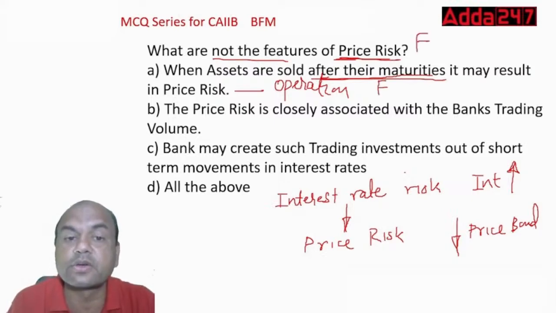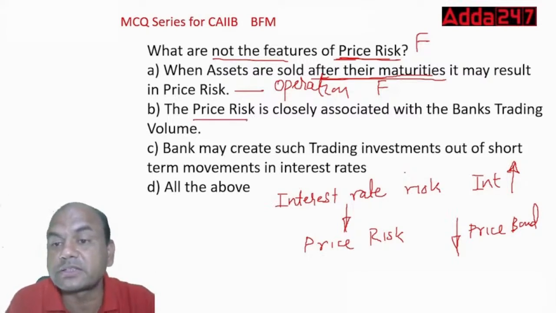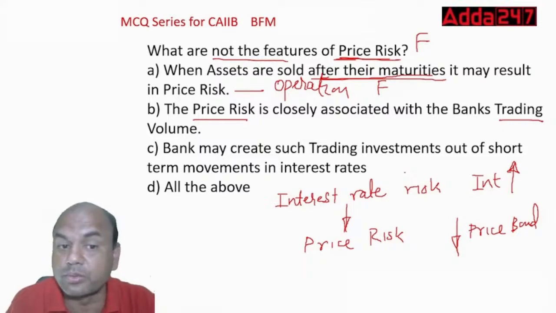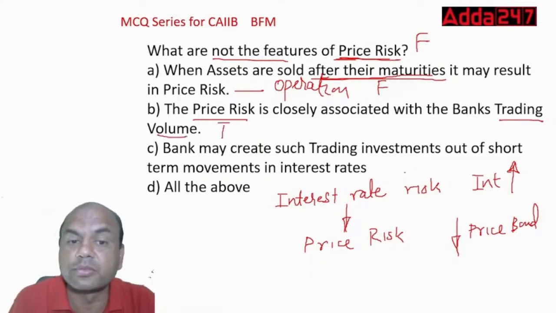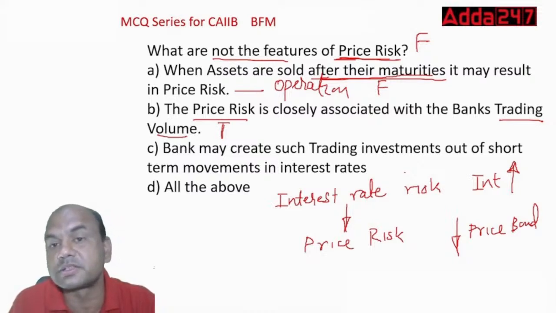What about the second one? Price risk is closely associated with the bank's trading volume. That is true, because the more the trading volume, the more price risk I have. Banks may create trading investments out of short-term movements in interest rates.